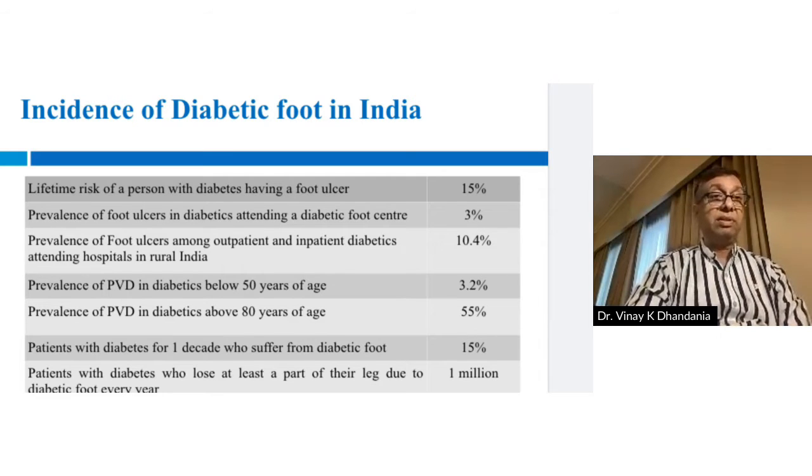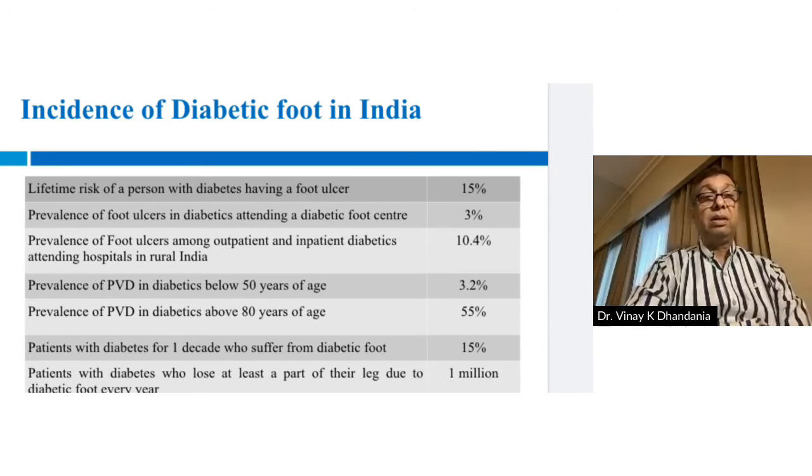Prevalence of peripheral vascular disease in diabetics below 50 years of age is 3%, and the prevalence of PVD, peripheral vascular disease, in diabetics above 80 years of age is 55%. Again, this is a real big challenge because it's very difficult in this age group to do an angiography, look at the site of lesion, and actually revascularize the peripheral vascular disease patients.